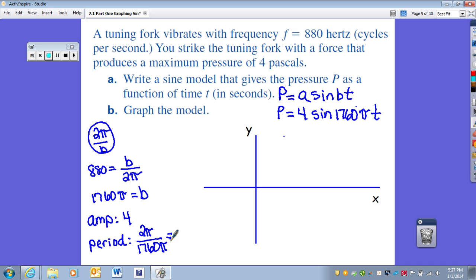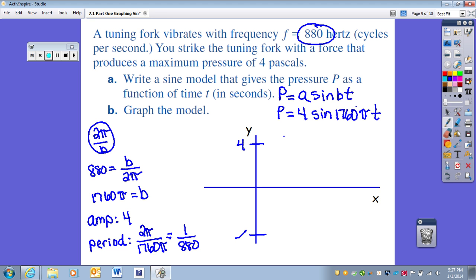And when we simplify that, we get 1 over 880, which actually is the reciprocal of our frequency. So now we need to find our values to graph. So the first thing, our amplitude, we know that we're going to go from 4, positive 4, to negative 4.